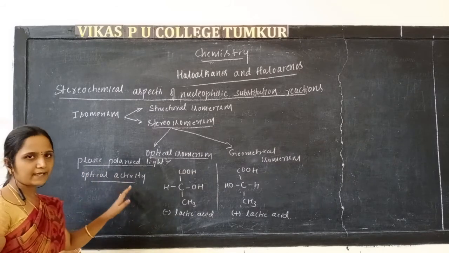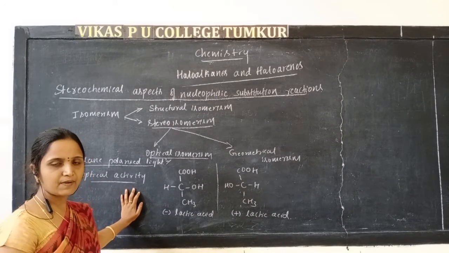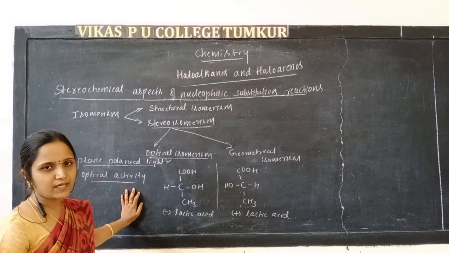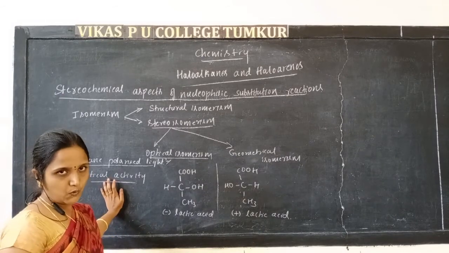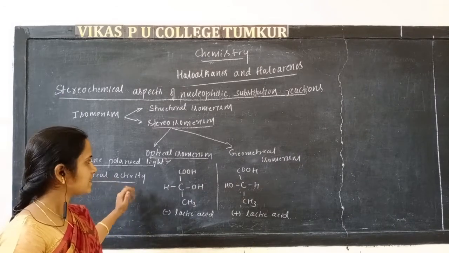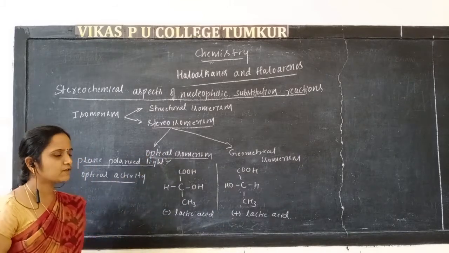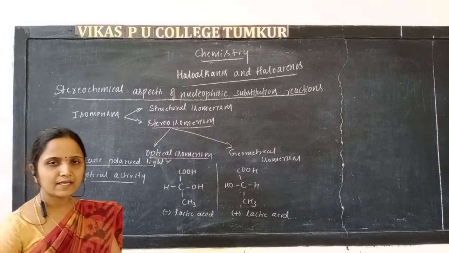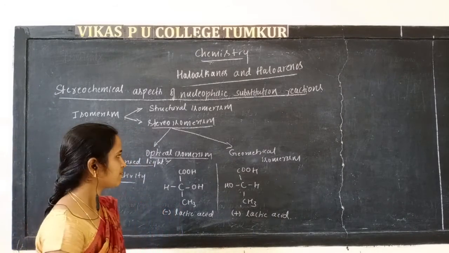Optical activity means solutions of some organic compounds can rotate the plane polarized light to the left or right; we call those optical compounds, and the phenomenon is called optical activity. Optical isomerism means compounds having the same molecular formula but differing in the rotation of plane polarized light.